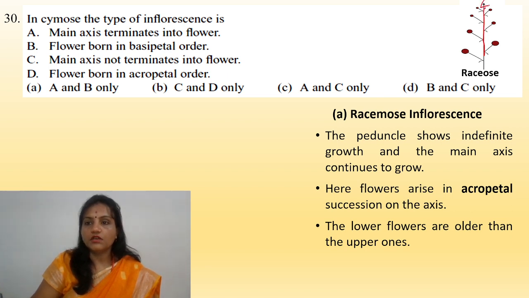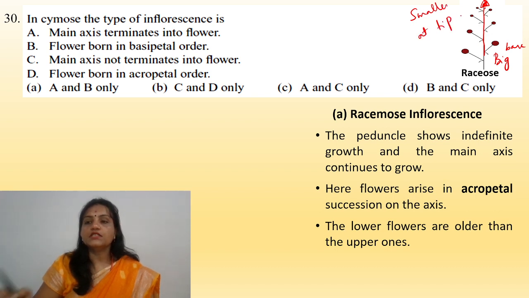Here it continues to grow, means it keeps on growing, and it gives rise to flowers on either side. Here flowers arise in acropetal succession on the axis. Acropetal means bigger flowers at the base and smaller flowers at the tip. Such arrangement is called acropetal succession. The lower flowers are older than the upper ones. So these are older and these are newer flowers.